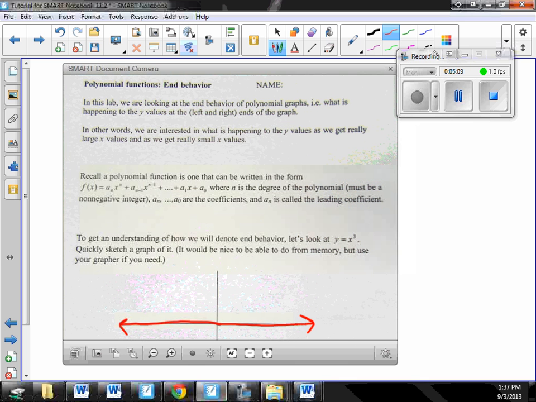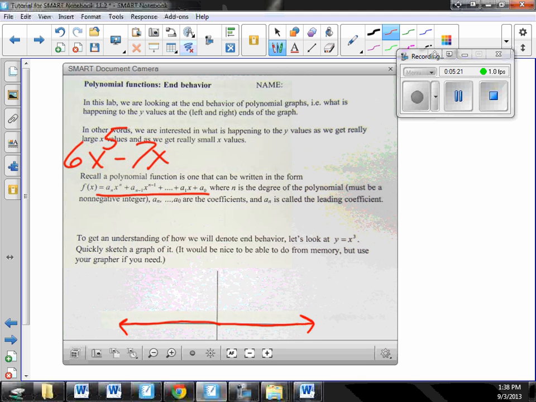Right? Recall a polynomial function is one that can be written in the form. Now that's a really complicated way to say like 6x to the fifth minus 7x to the fourth, and so on. And polynomials can be huge. You could have an x to the 1 millionth, and then have a million terms that follow. Okay? But that first term, the biggest power, determines the shape of the graph.